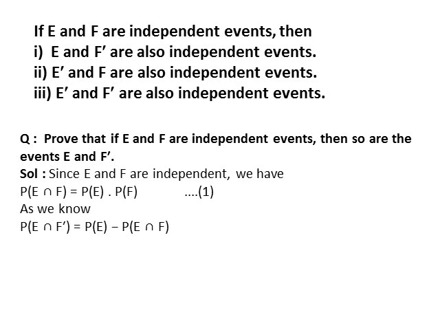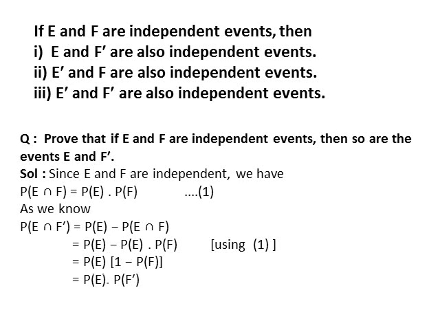Now, using equation number 1, we get probability of E intersection F complement equals PE minus PE multiplied by PF. Here, PE is common, so this equals PE multiplied by 1 minus PF. Also, 1 minus PF equals PF complement.